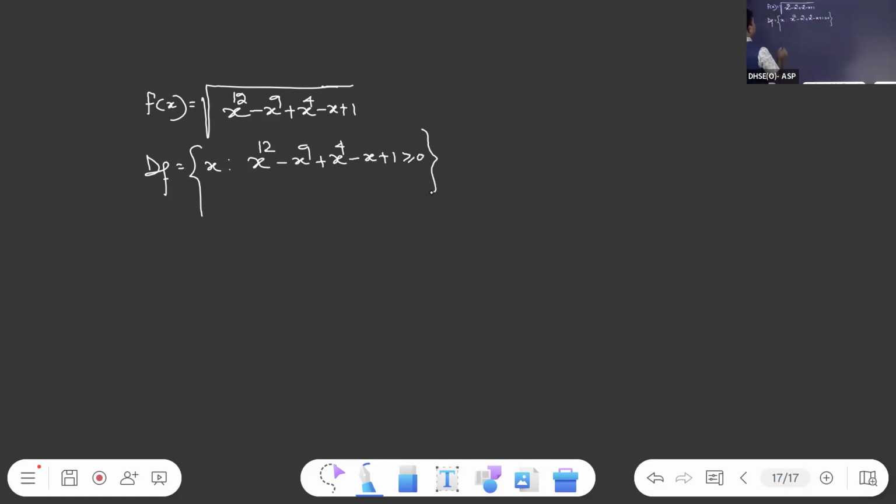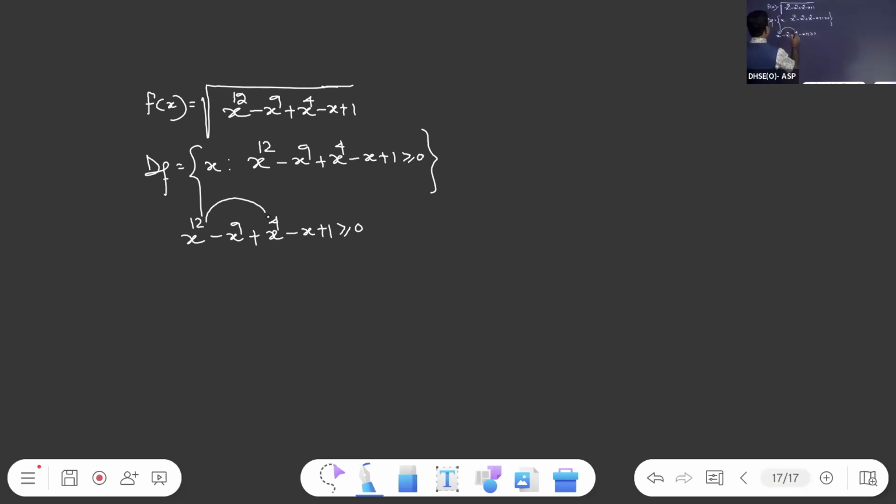Now solve the inequality. x to the power 12 minus x to the power 9 plus x to the power 4 minus x plus 1 greater or equal to 0.